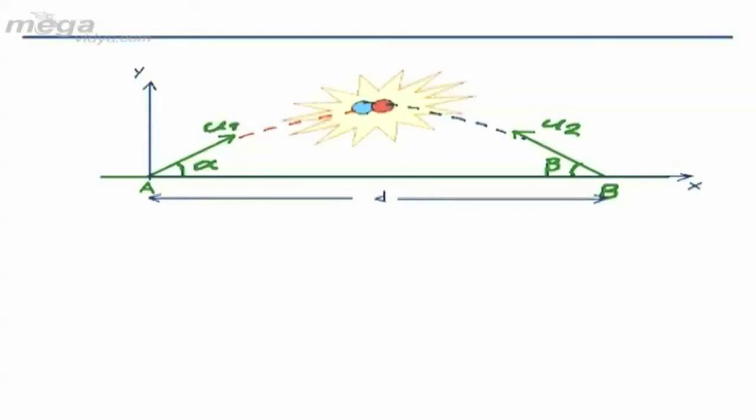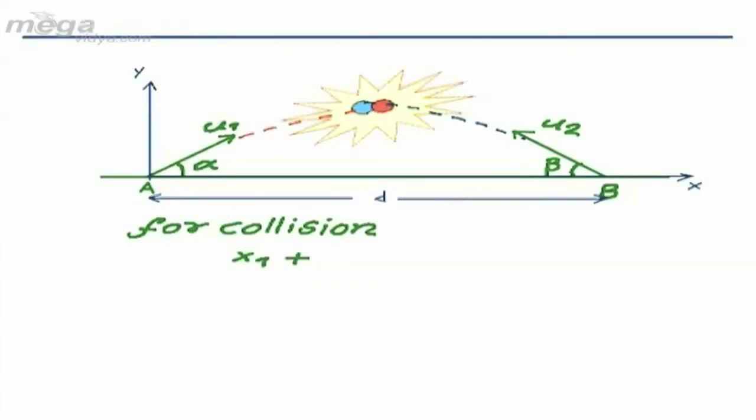Now we can easily say that for collision, the relative displacement of both the projectiles must be equal to d.